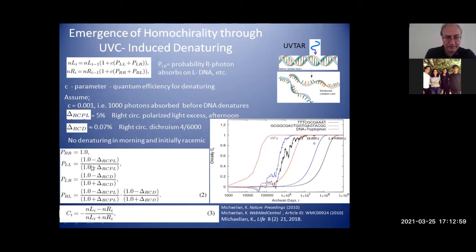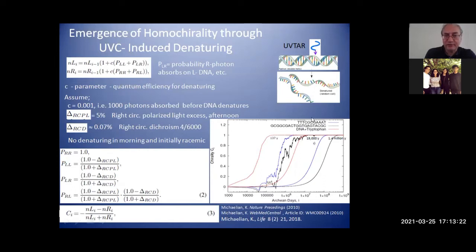You can convince yourself that these are the right expressions. And then we can calculate the chirality, which is just really the difference of left minus right over the sum of the two, and then plot that as a function of generation. In our case, each generation is 1 day because it takes 1 day to complete the cycle of reproduction.